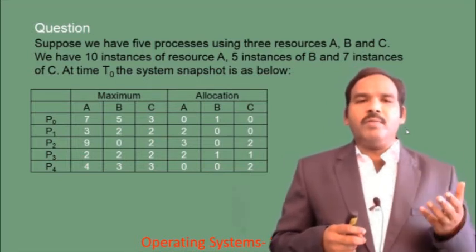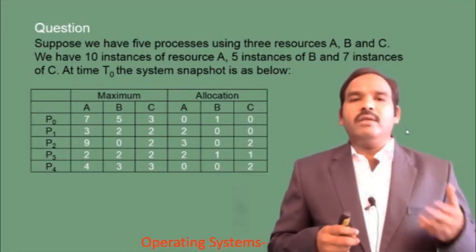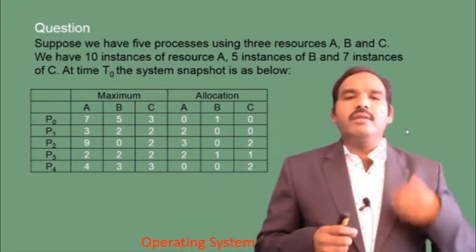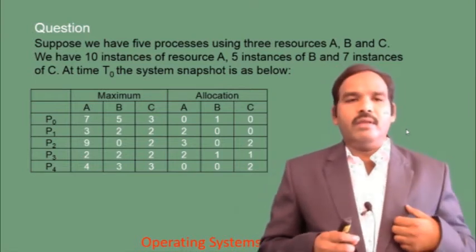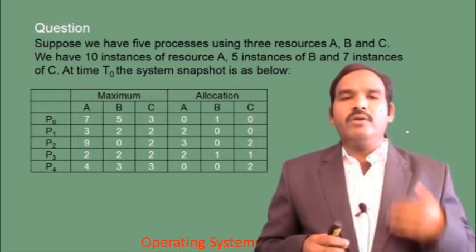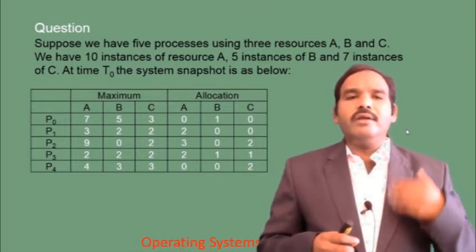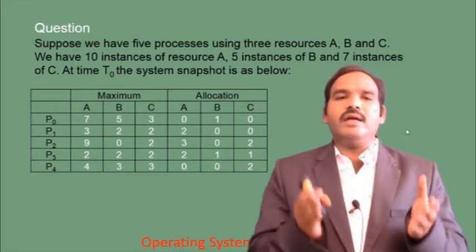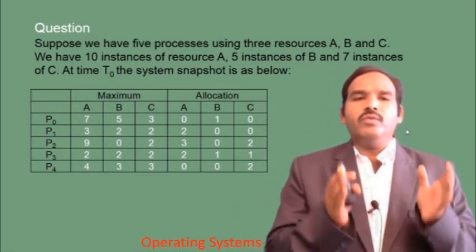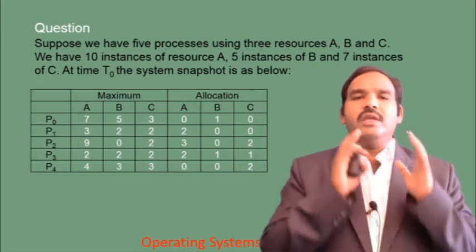P0's maximum claim is 7 instances of A, 5 instances of B, 3 instances of C. Similarly, P1 claims 3 instances of A, 2 instances of B and 2 instances of C. This is the maximum claim of all processes given in this table.